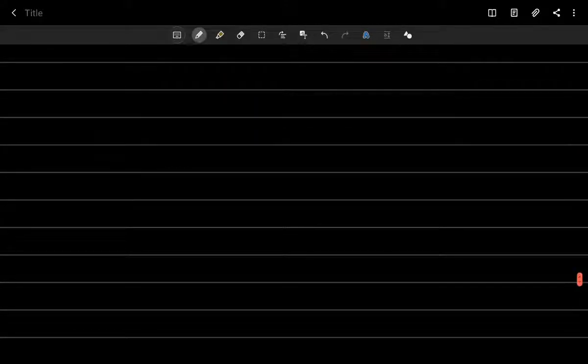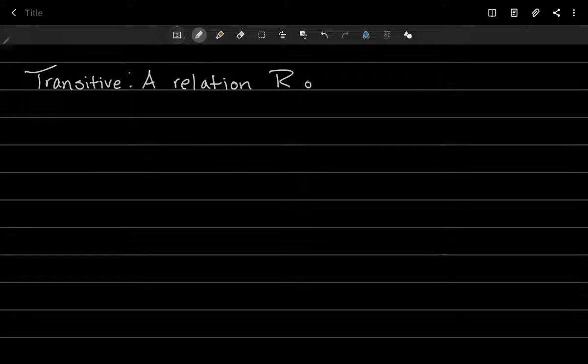The last major word we need is transitive. And you see this word a lot in upper level math. So a relation R on A is transitive if and only if, again, we are going to get a conditional. I need 2 things to happen.